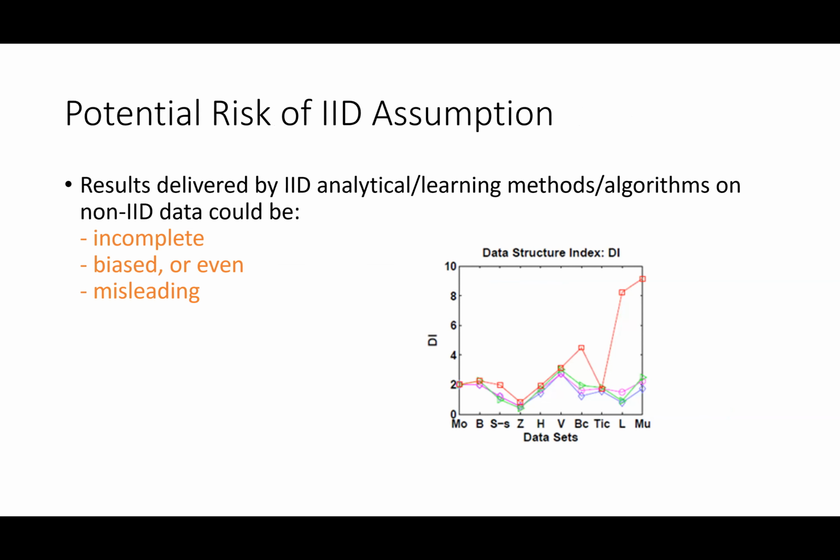What could be the outcome if we simply apply the IID analytical learning assumptions? The outcome could go wrong even with very simple data. I will mention this again later, in very simple UCI data. You will find that on some of the data sets, using different methods, with the different curves representing different methods, most of the methods probably produce misleading or incorrect outcomes.